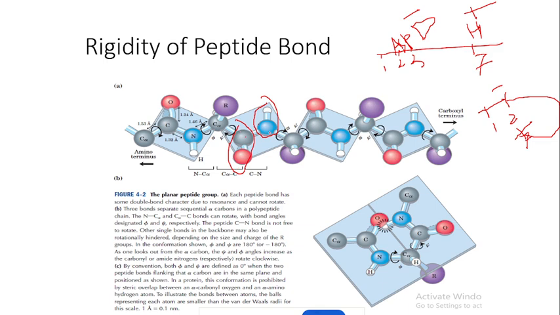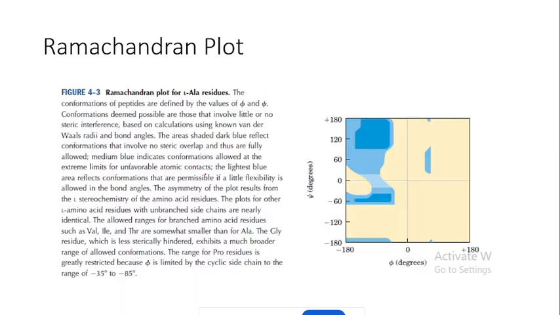And the psi angle is measured according to the rotation of this C alpha-C bond, right? Based on different values of psi and phi, this amino acid can take different conformations, right? These are the dihedral angles.